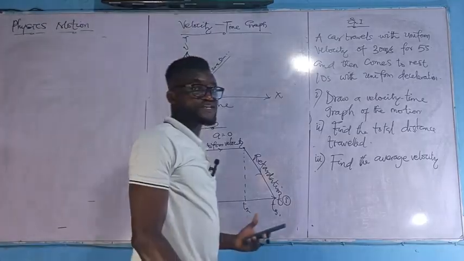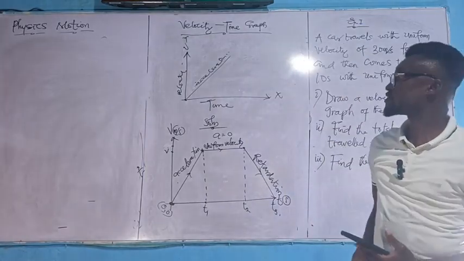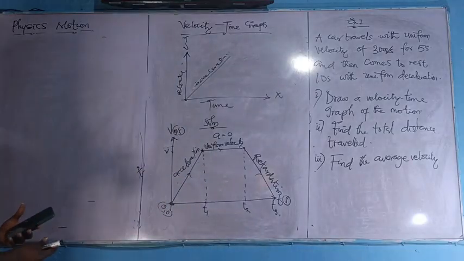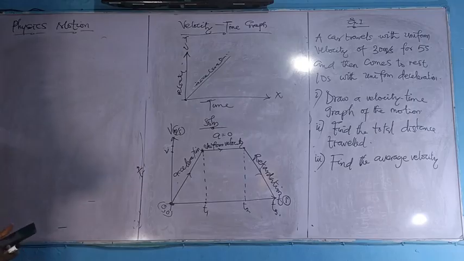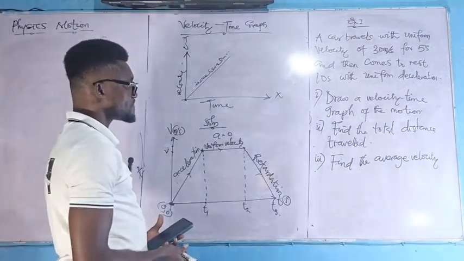So let's look into the solving now. So the question says that a car travels with uniform velocity of 30 meters per second for 5 seconds and then comes to rest in 10 seconds with uniform deceleration.